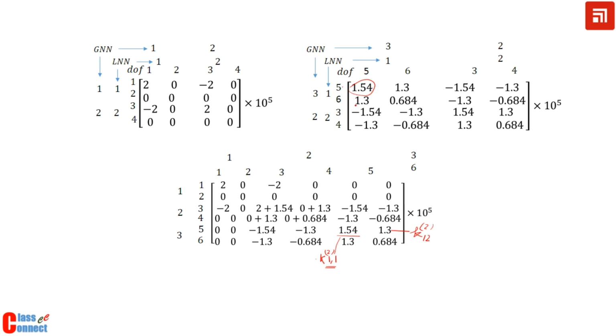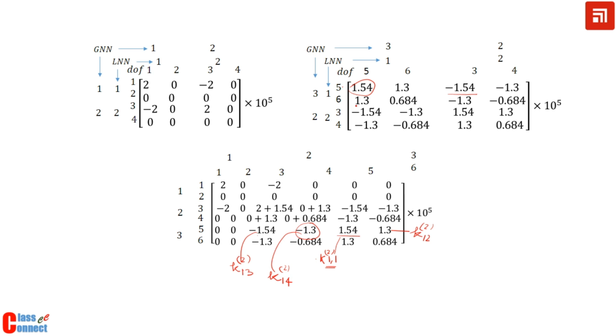Next is minus 1.54. It will come at the fifth row of the assembled matrix and third column. So fifth row and third column is this. This is K of the second element, element 1 3, and likewise this is K of the second element, element 1 4.